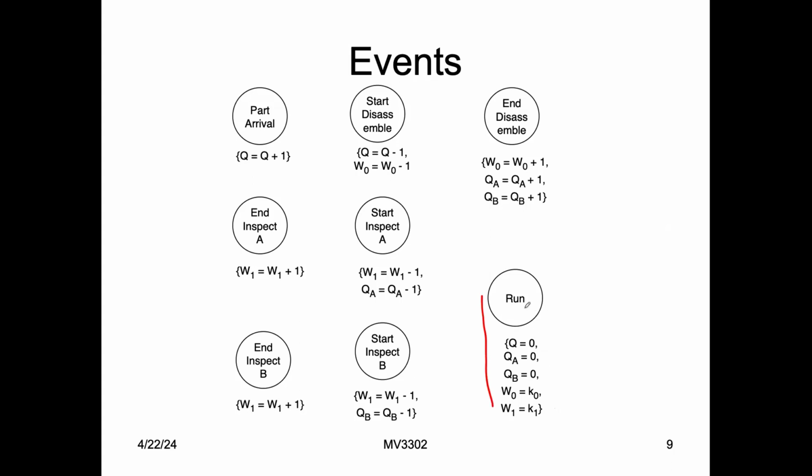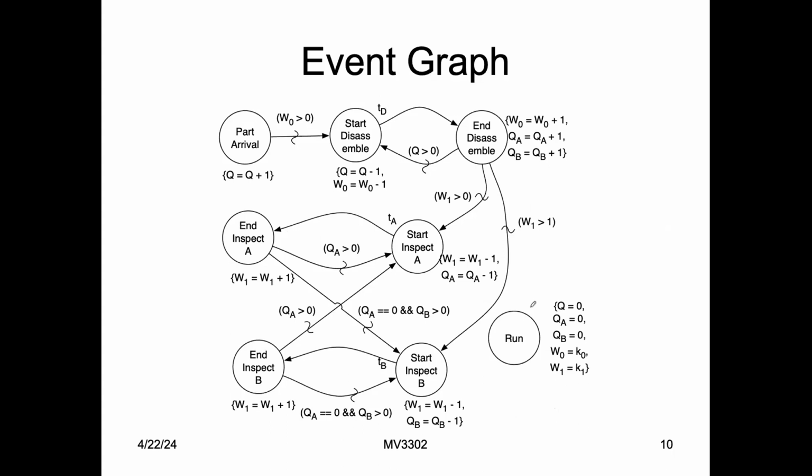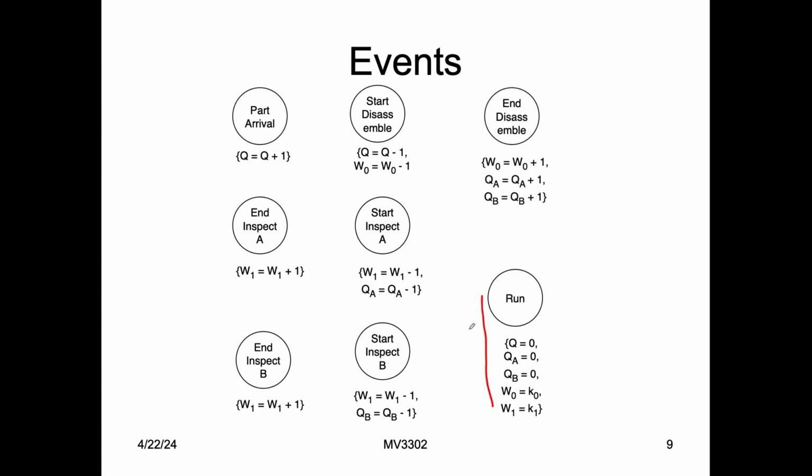Then the idea is we pick a state. Let's pick the part queue, Q, and ask what could cause that to change? The arrival of a part. I'll call it part arrival. We could call it arrival, we just don't call it late for dinner. So that just increments the Q.